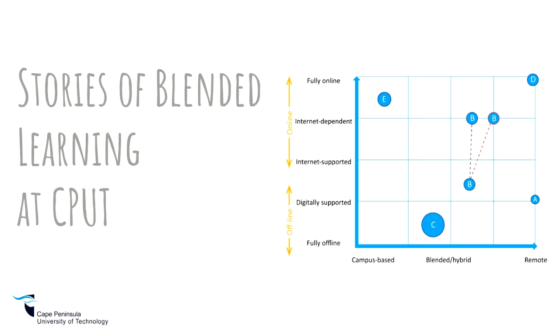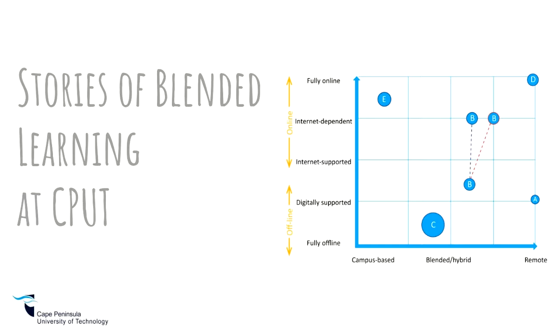So this model shows, on one hand, fully campus-based education and remote education, and it also shows you fully offline and fully online on the other part of the diagram.